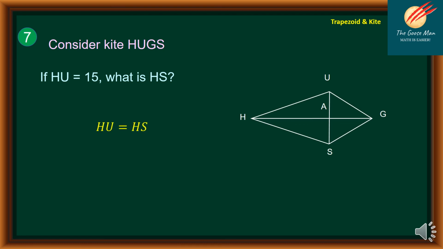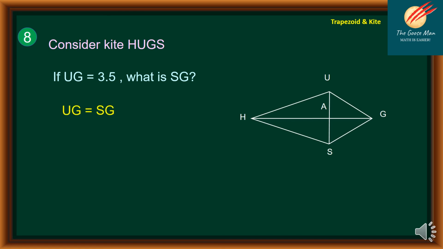Since HU is equal to HS, HS is also 15. Next one. If UG is equal to 3.5, what is SG? Take note that UG is equal to SG, so SG is equal to 3.5 as well.